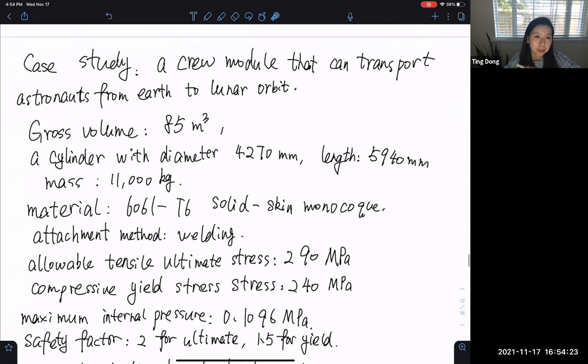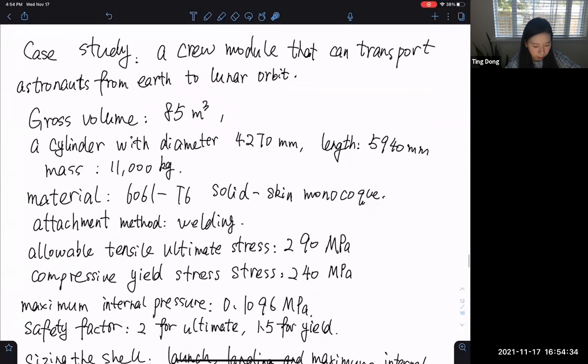From all the other topics they have already done, the estimated gross volume of the crewed module is 85 meter cube. They use a diameter of about 4,000 millimeter and a length of 6,000 millimeter. The total mass estimate is 11 ton.